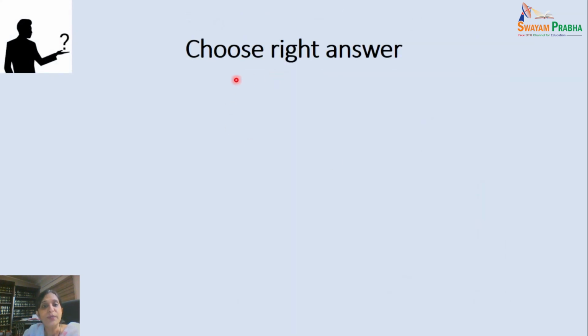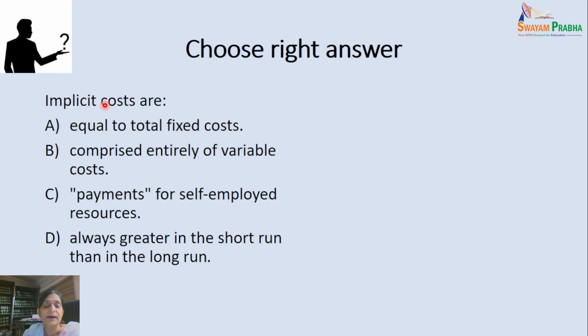Now let us do a quick exercise. This is one multiple choice question to you learners, wherein I am asking what are implicit costs? Are they equal to the total fixed cost? Are they comprising only of the variable cost?